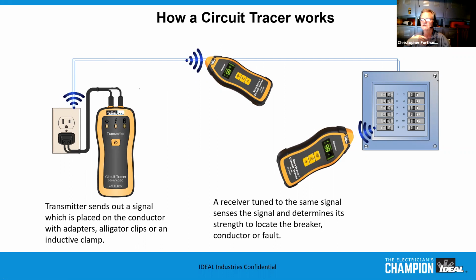It senses the signal strength and then determines the strength in order to identify the signal running on a conductor or to identify a breaker. It's fairly simple. And the nice thing about our tracer is no matter what you use it for, it always comes down to the transmitter sending the signal. And if you hook the transmitter up to the conductors the right way to get a good signal down the line, the receiver will find it.